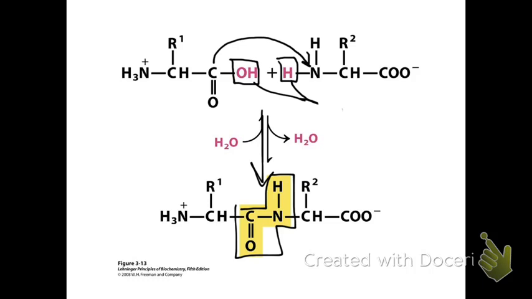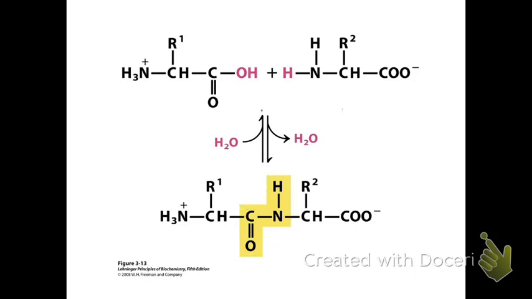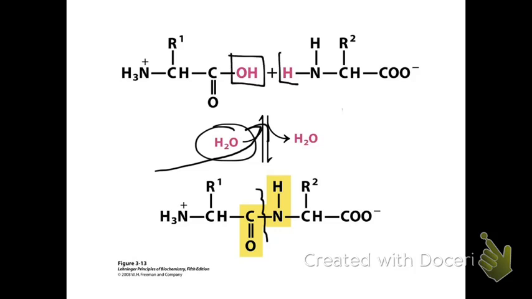Now, the other part of what this whole thing is showing is that we can break the peptide bond by doing just the opposite reaction, where we bring in water, as indicated by this, and we're going to break that peptide bond, and we'll reform our OH on our carboxylic acid and our H on our amine group, and we have our 2 separate amino acids again.